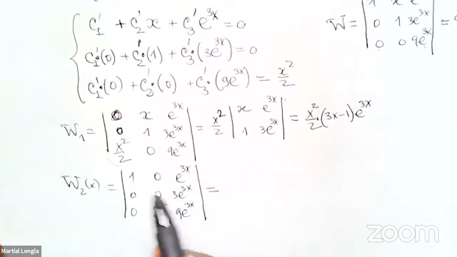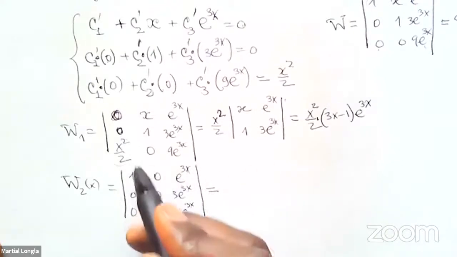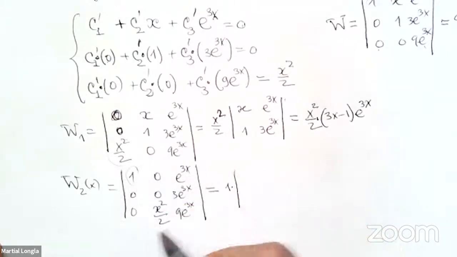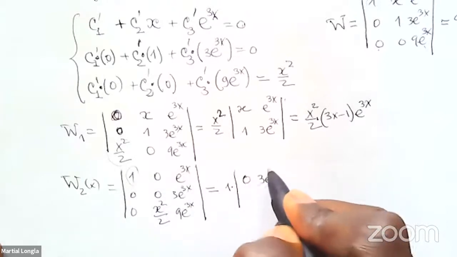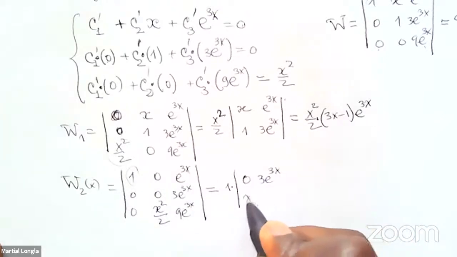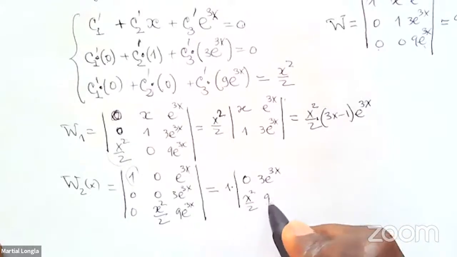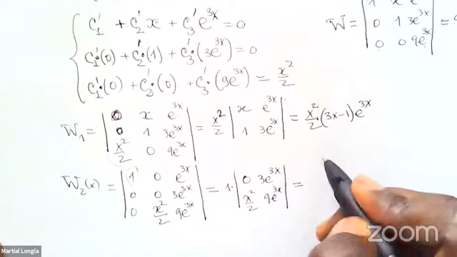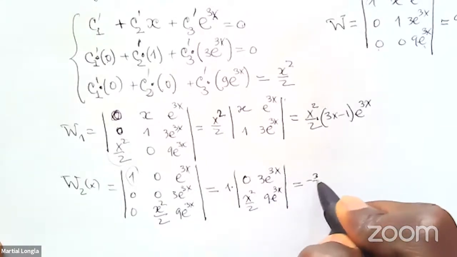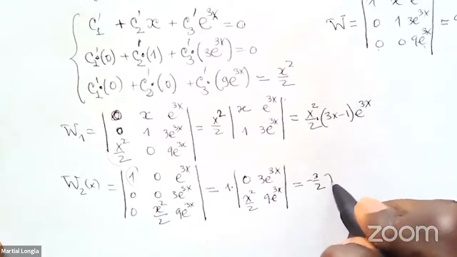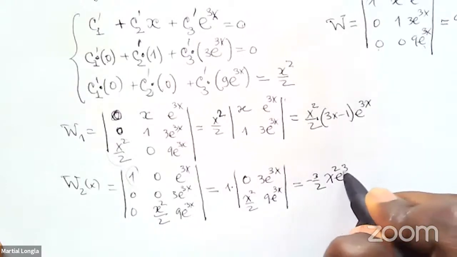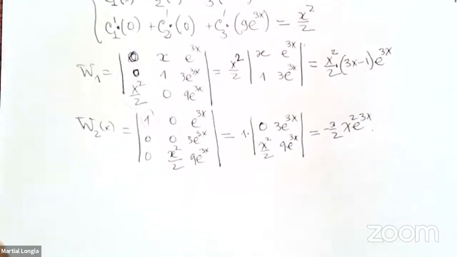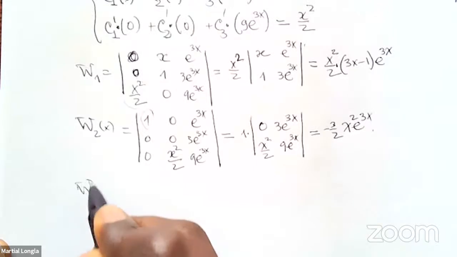Again, if we compute this thing by the first column, we remain with 1 times the minor, which is 0, 3 e to the 3x, x squared over 2, 9 e to the 3x. And this is equal to minus 3 halves x squared e to the 3x. So that's W2.